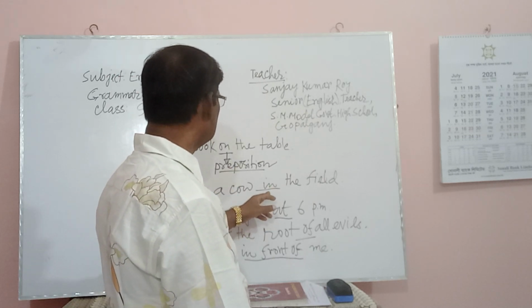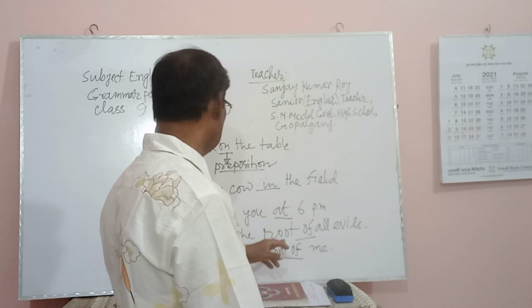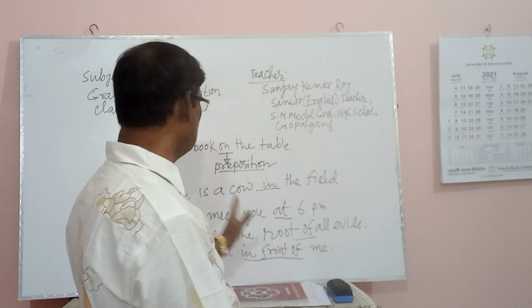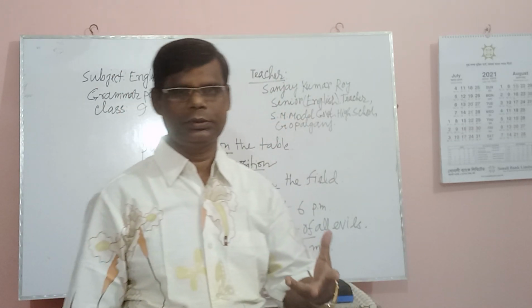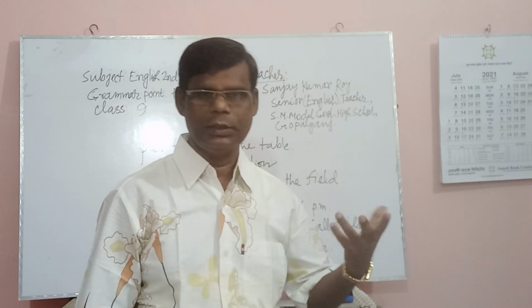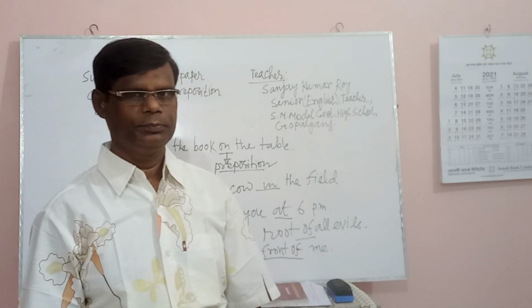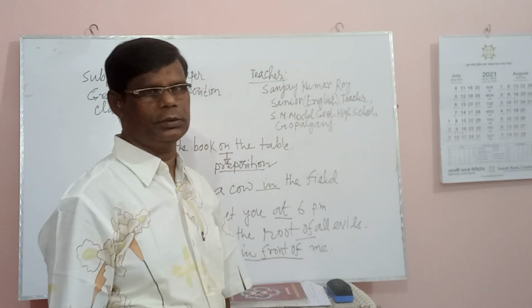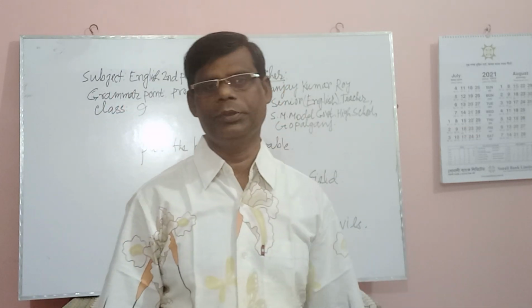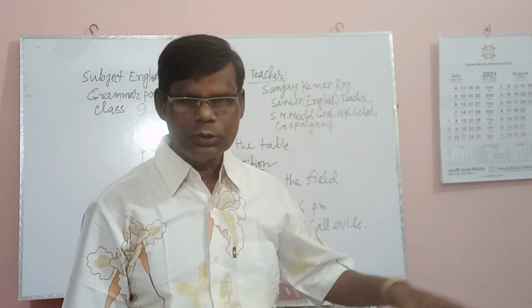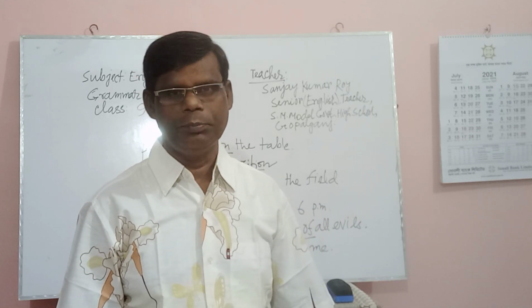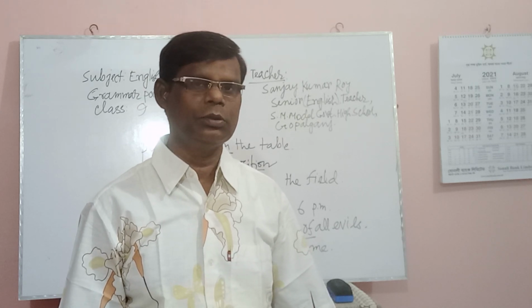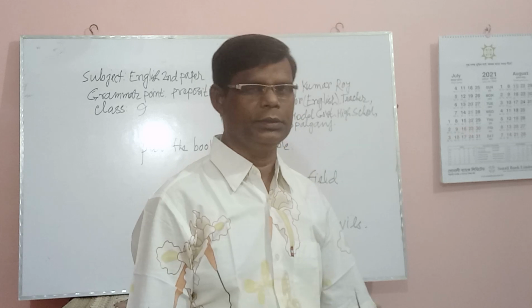Here we find a single word, but in front of is a group of words, three words used like a single word. These underlined words are all prepositions. All these words are placed before a noun and show its relation to some other word in the sentence.